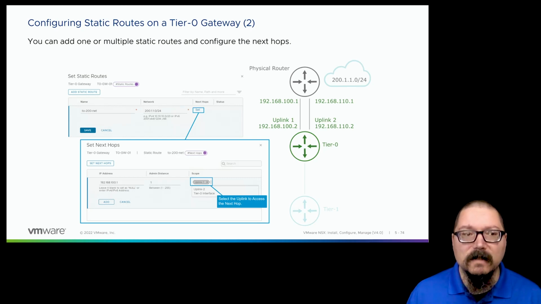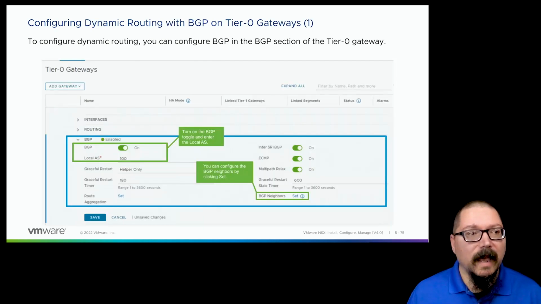So I can build these different next hops, define the routes through which those next hops are going to run, where we're going to forward those packets, and then we're going to save or add the configuration, then save the route object. And once that's done, we've got our static routes.